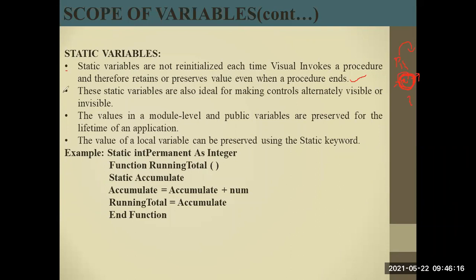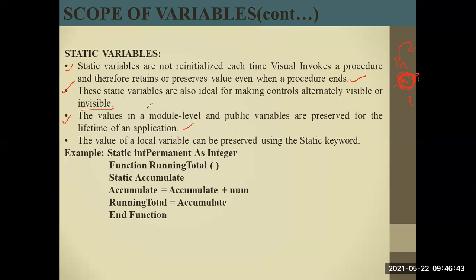The second thing you have to remember about static variables is that they are also ideal for making controls alternately visible and invisible. The third point to remember is that the values in module level and public variables are preserved for the lifetime of an application.